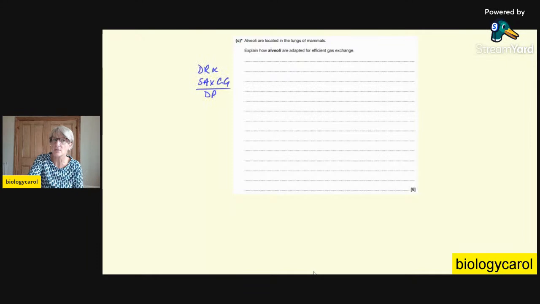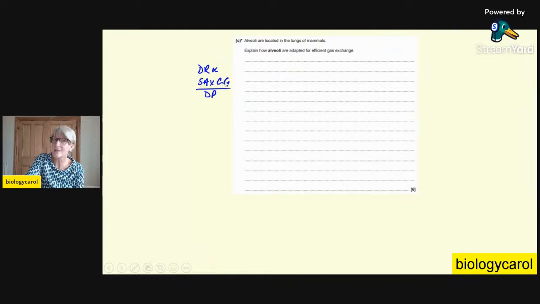So now here is my tip. I always teach this little equation. It has the posh name of Fick's law, and I've just put it in abbreviations here. Diffusion rate is proportional to the surface area of the exchange surface and the concentration gradient, and it's inversely proportional to the diffusion pathway. This is pretty much a mathematical formula.